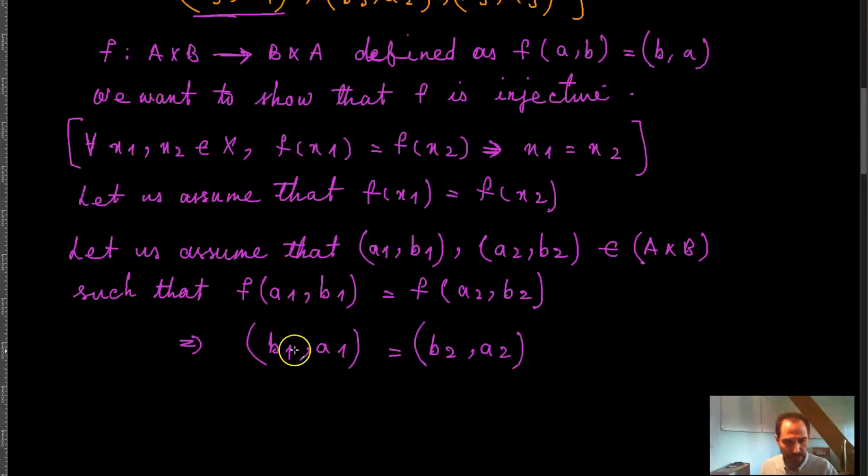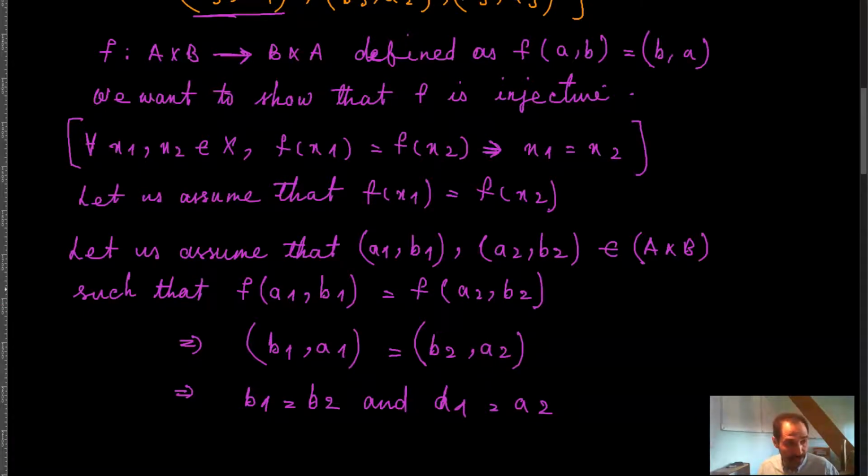Now this is an ordered pair, so you know that two ordered pairs are equal if and only if the first element in the first ordered pair is equal to the first element in the second pair, and the second element in the first pair is equal to the second element in the second pair, meaning that this statement is true if and only if B1 is equal to B2 and A1 is equal to A2, right?